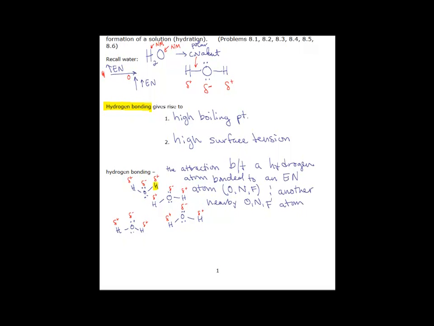So this hydrogen atom fits the bill. Now, it is attracted to another nearby oxygen, nitrogen, or fluorine atom. So what we're describing here is the attraction between this hydrogen that's on a different water molecule and the oxygen on another water molecule. And you can see why opposites attract, right? You have a partial positive on the hydrogen and a partial negative on the oxygen. So this purple line that I have here, that is hydrogen bonding.